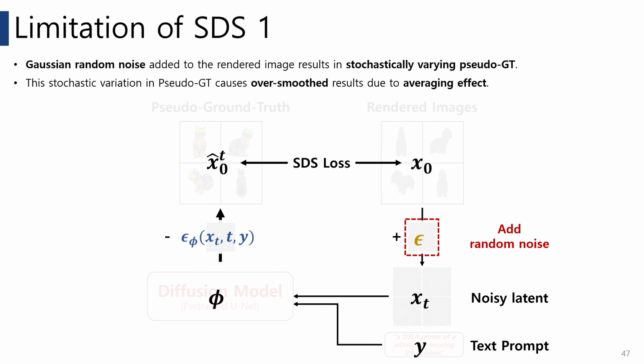But SDS has two major limitations. First, the Gaussian random noise added to the rendered image creates a stochastically varying pseudo-ground truth. This stochastic variation leads to over-smoothed results because of the averaging effect.